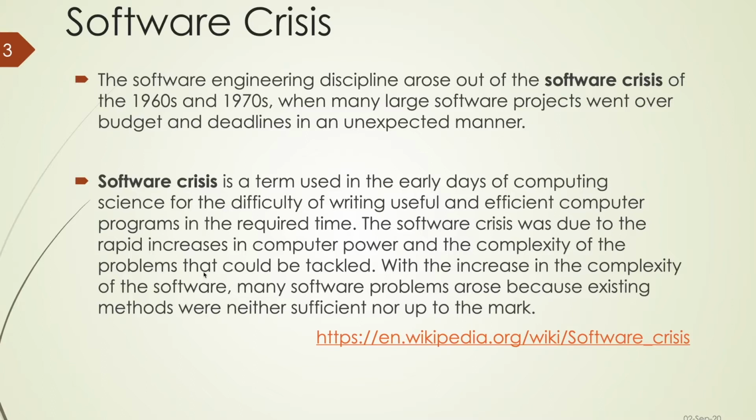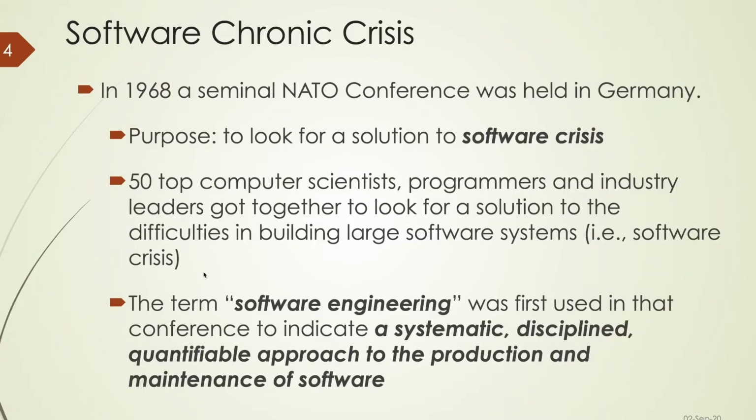So software crisis arose out of giving a big tool to the software programmers to solve a problem, but that's not the only thing that is needed in order to get the best solution under budget, on time, efficient. We have to resolve that, and as a result, many of the tools that we will be using in this course were developed in response to the software crisis.